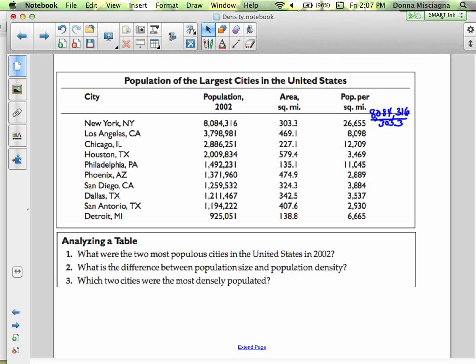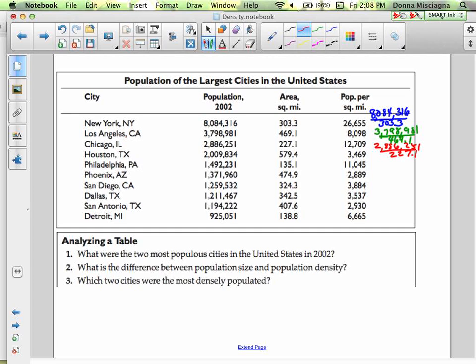And then the next population density, the one for Los Angeles, was 3,798,981 divided by the area in miles, so 469.1. That's that one there. And then the population density of Chicago would have been 2,886,251 divided by 227.1.